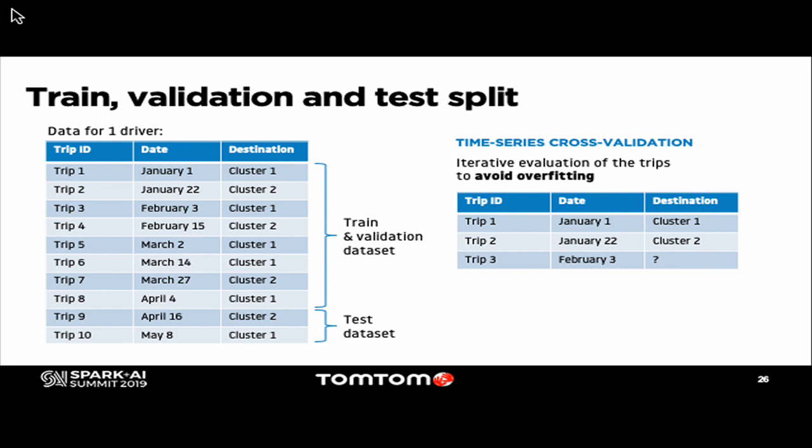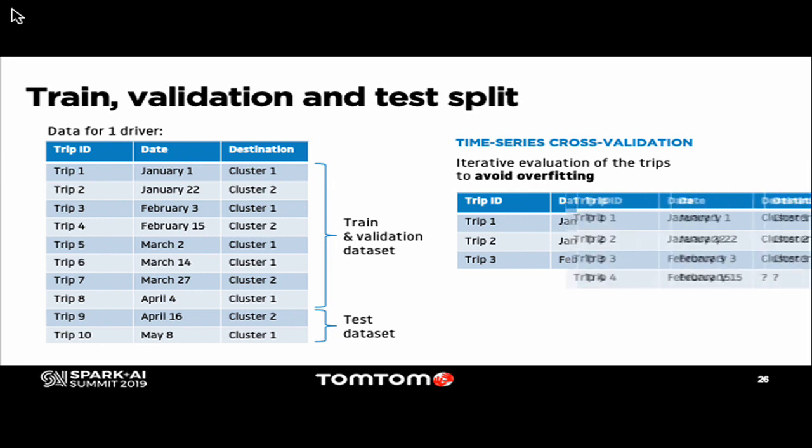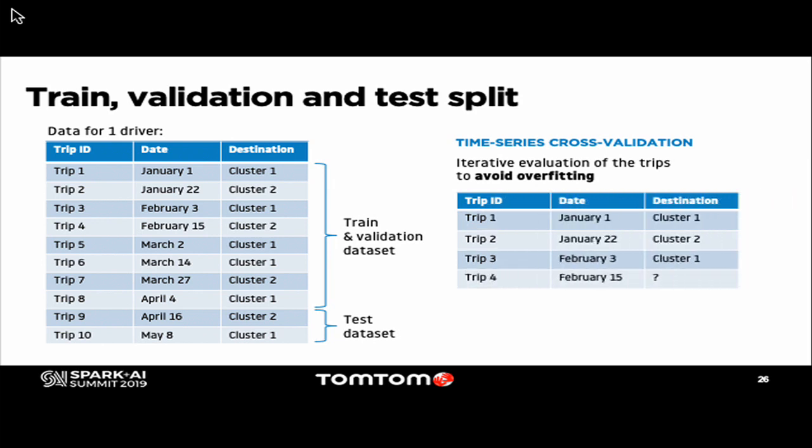And then we store that prediction. And we do that iteratively. So we train it on trip 1, 2, and 3, and then try to predict trip 4, etc. And we go over it until we arrive at trip 10, basically. And then we have a prediction for each of the trips, and then we can calculate the accuracy with the ground truth that we already have.